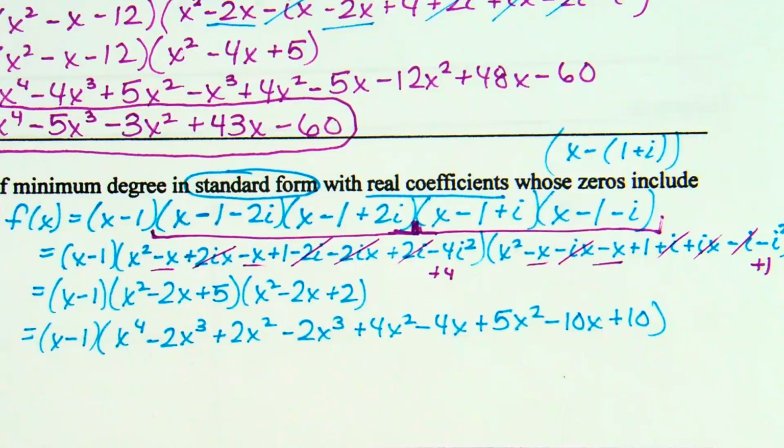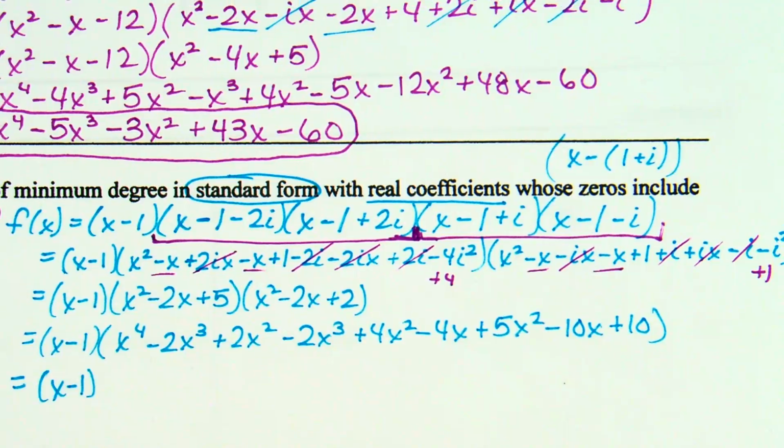Carry down the x minus 1. Some cleanup. X to the 4th stays. What do I have? Minus 4x cubed.